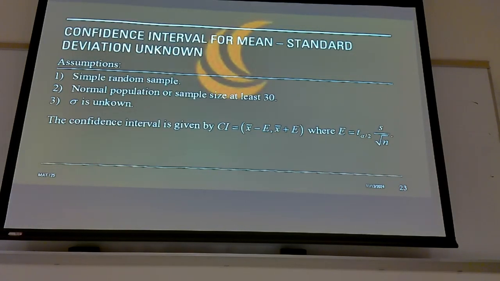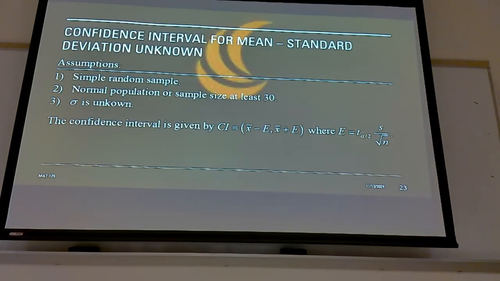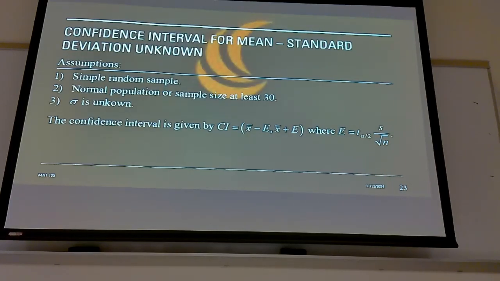E is now t sub alpha over 2 times s over the square root of n. Also, unlike before, I can't give you a list of commonly used critical values because it depends on the degrees of freedom, which means it depends on your sample size. This is where table C is going to come in.